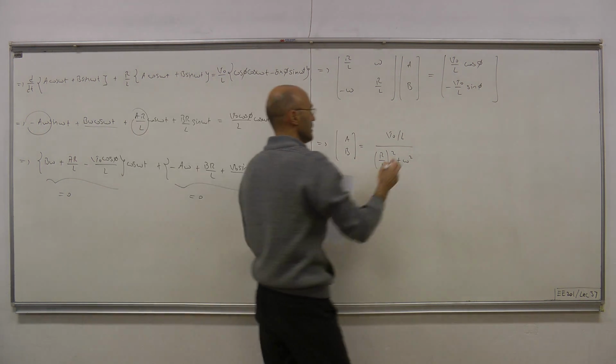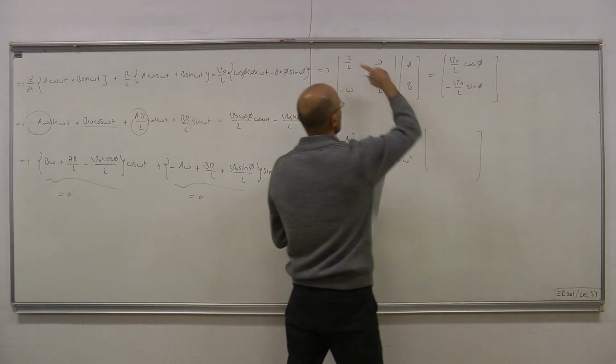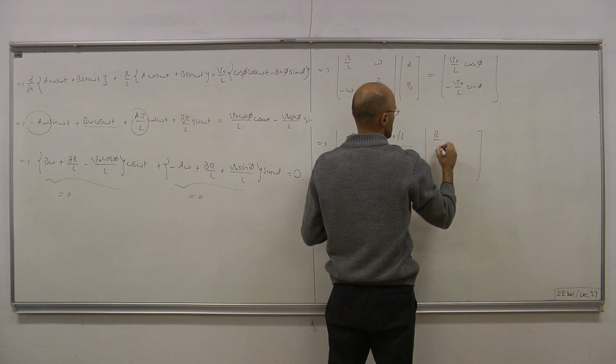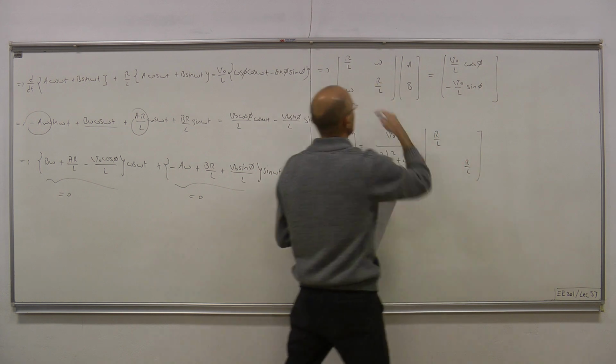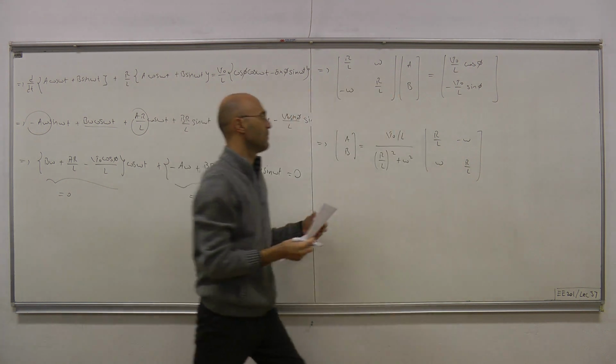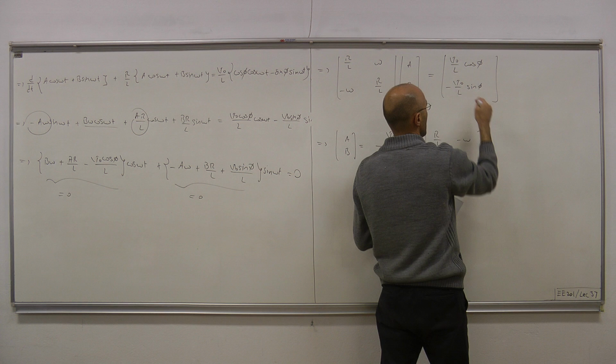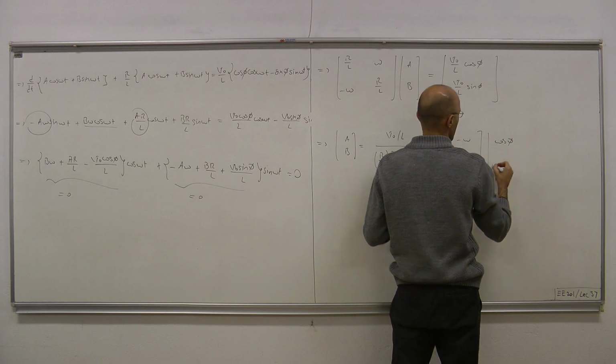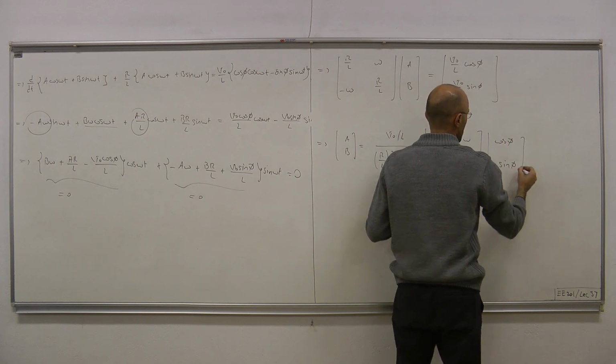And the adjoint is you swap the diagonal terms and negate the anti-diagonal terms, and that multiplies this vector, cosine phi, minus sine phi.